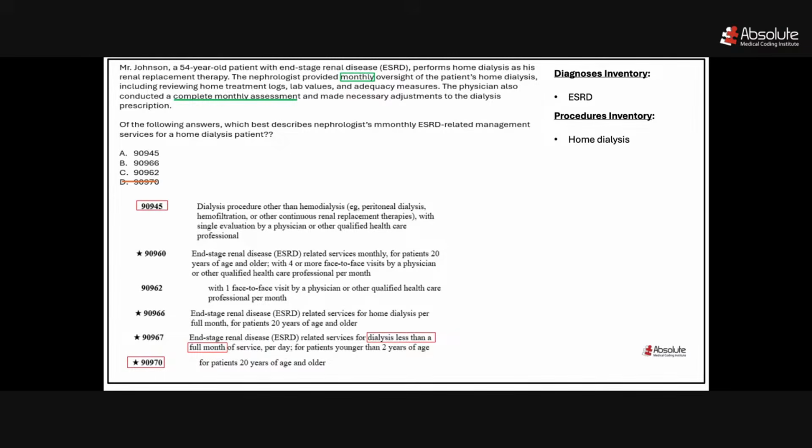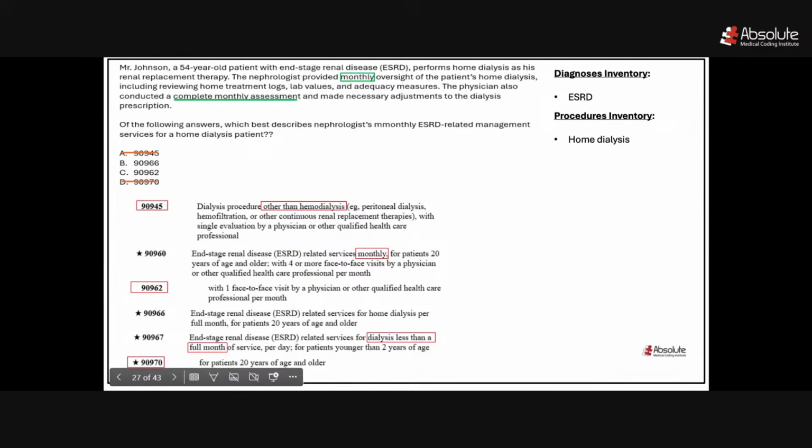Next, option A, 90945, is also incorrect. That's for a dialysis procedure other than hemodialysis service. We are specifically looking for home dialysis codes, so option A is also wrong. Option C is coding for 90962. That is for end stage renal disease related monthly services for patients 20 years of age and older with one face-to-face visit by a physician or other qualified healthcare professional.